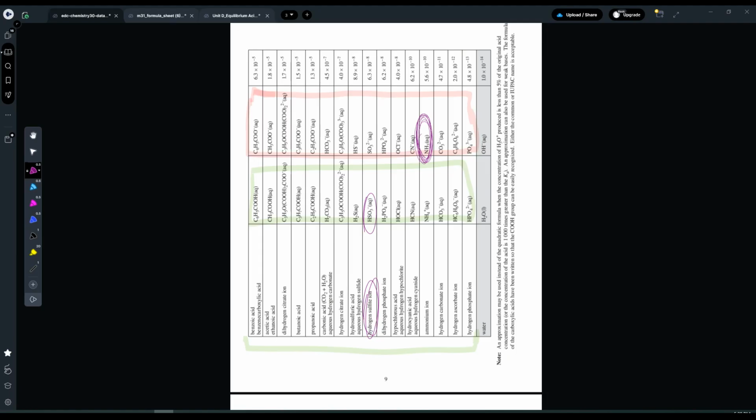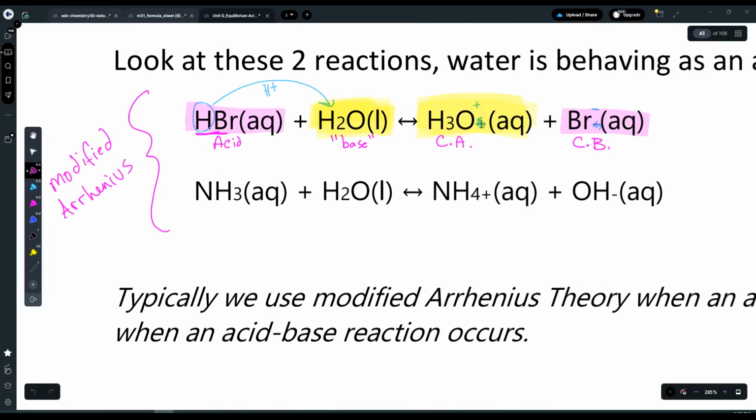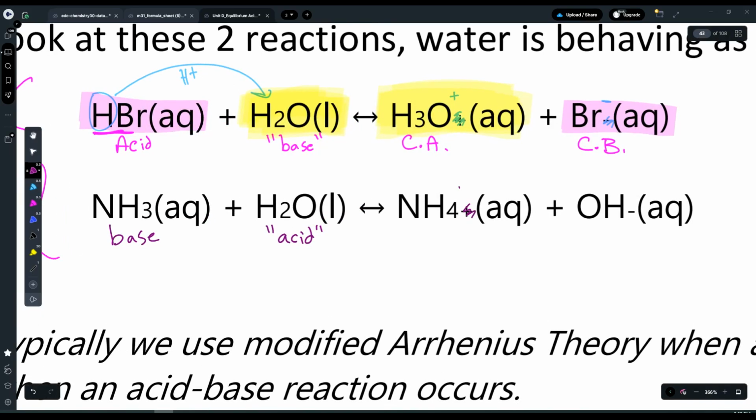Okay, so since we found it in the conjugate base column, that means it's going to act like a base. So then that means, in this case, water is going to act like an acid even though its pH is neutral. And we need to make some adjustments here. These should be superscript.